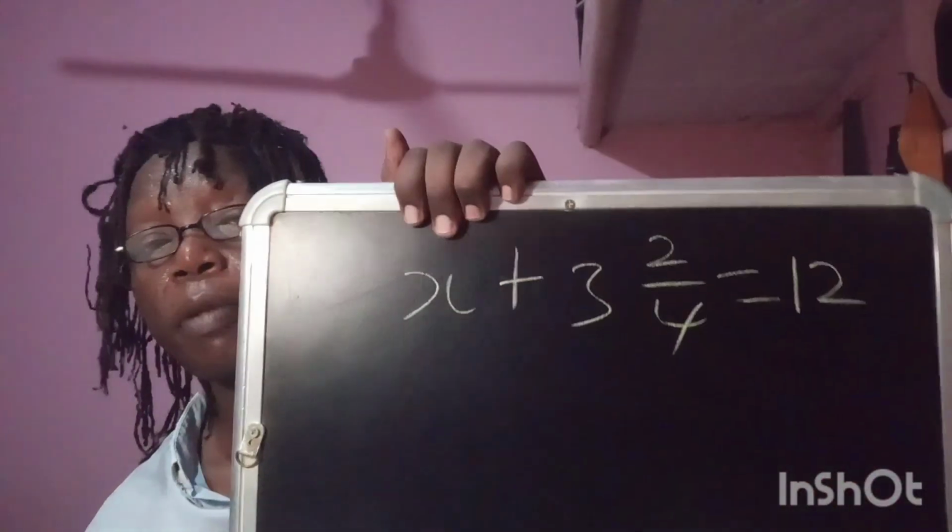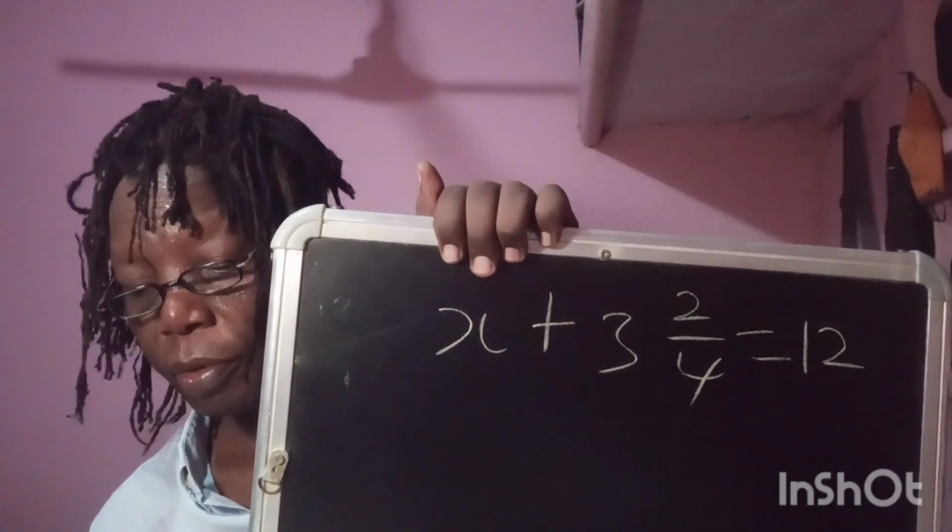So here we have one more, which is x plus 3 and 2 over 4, for example, is equals to 12. If somebody gave you something like this, what do you do?